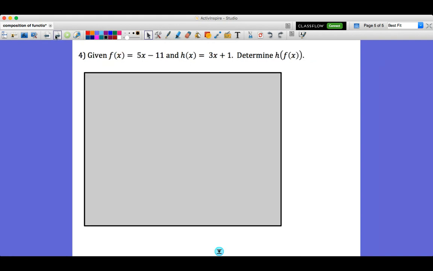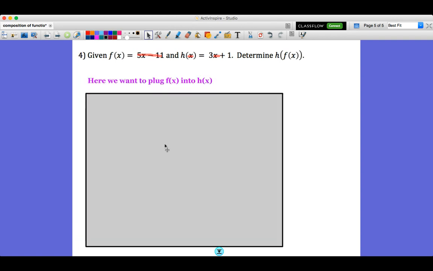Number 4 is similar to number 3. They give us 2 functions again, given f of x equals 5x minus 11 and h of x equals 3x plus 1. They want us to figure out what is h of f of x. So they want us to plug f of x, the 5x minus 11, into our x in h of x. Here we want to plug f of x into h of x.